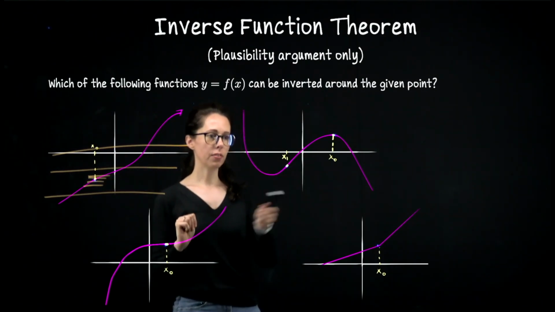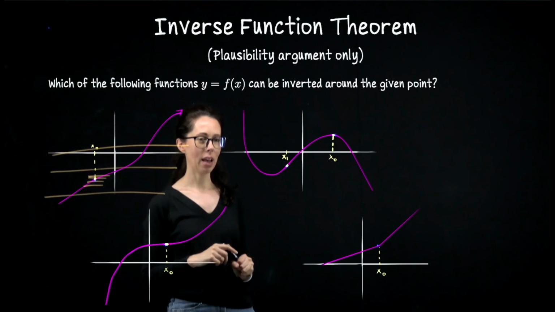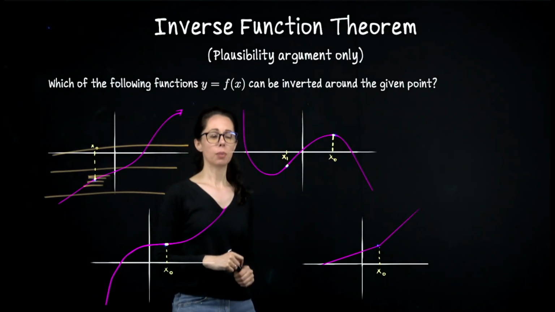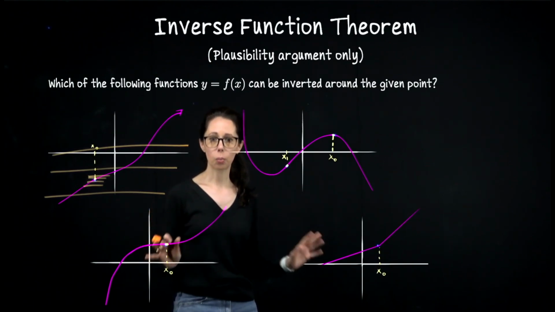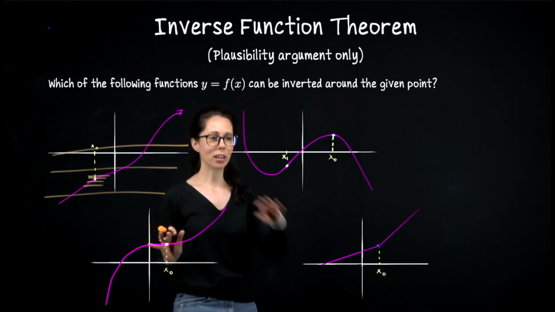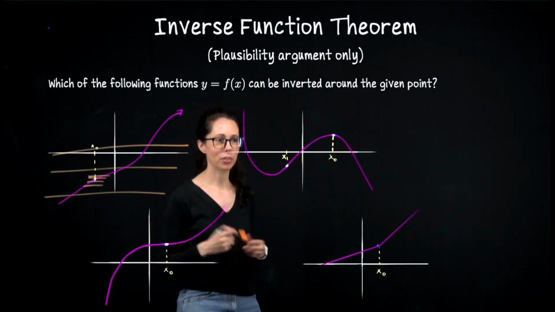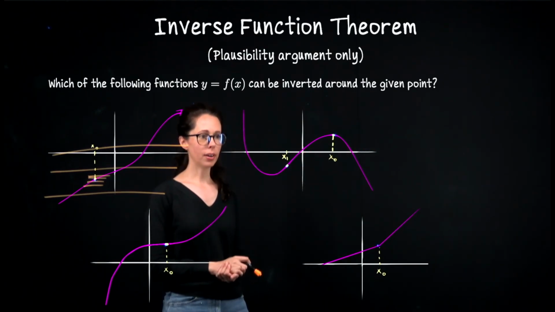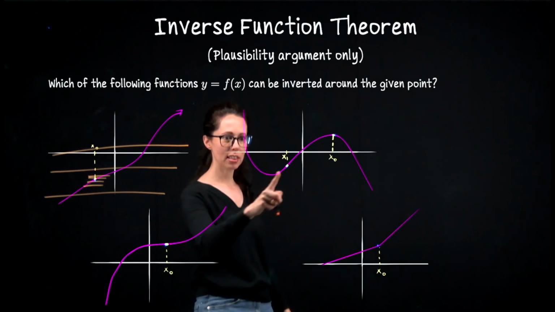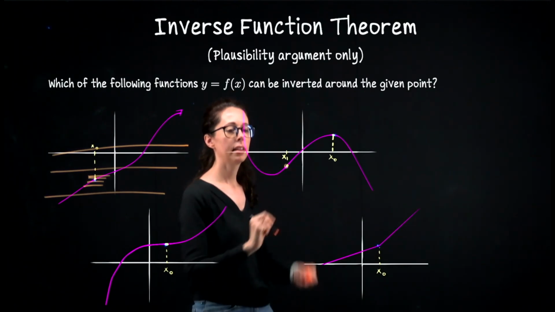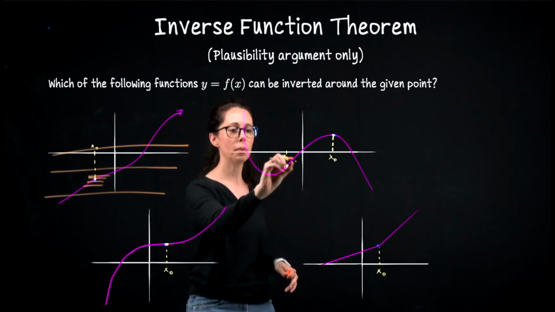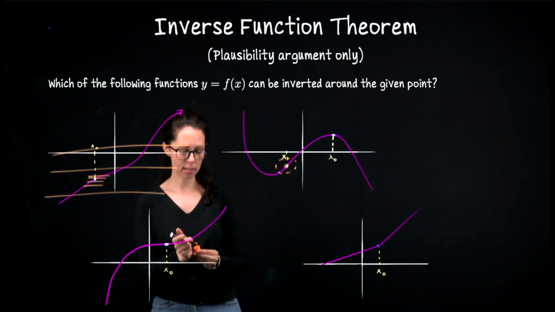Let's look now at this function on the top right. I've highlighted 2 points here. Probably the first thing I should mention is that this function is not globally invertible. It does not pass the horizontal line test at all because we have this place where if you draw a horizontal line, you would cross the function 3 times. However, if I look at just this point right here, and I say, forget about the rest of the function, let me just zoom in around this point.